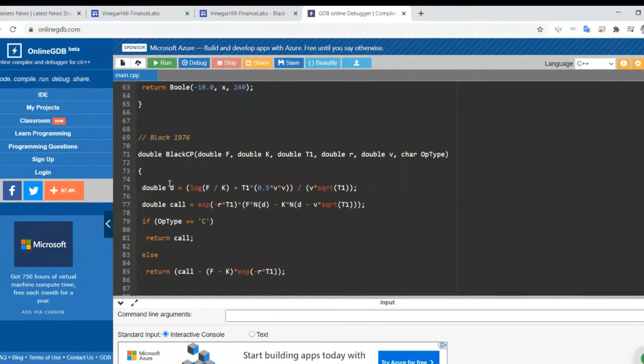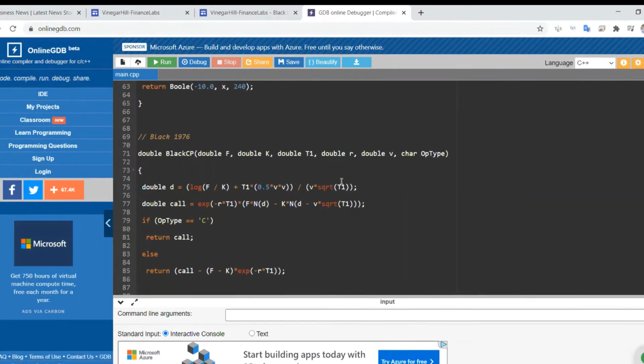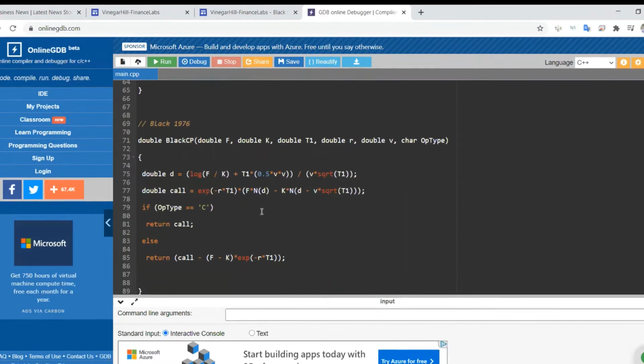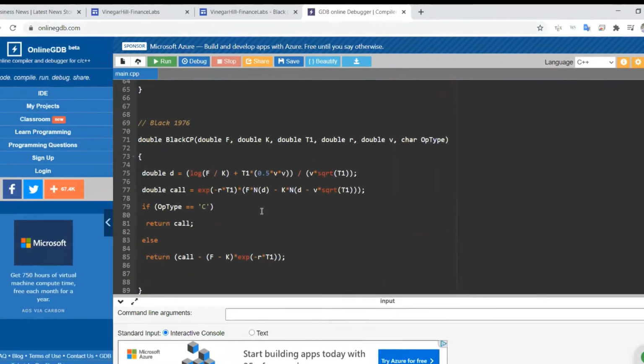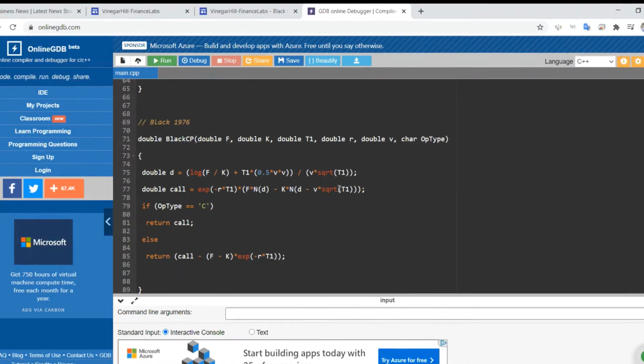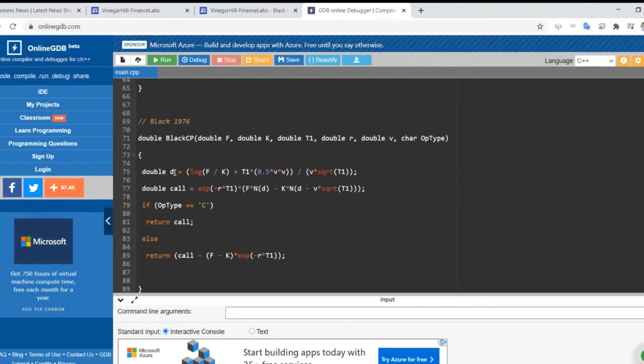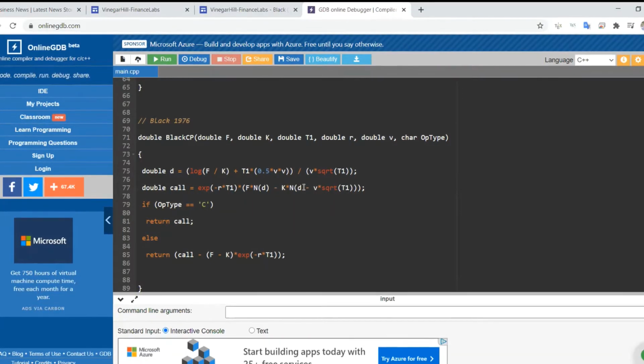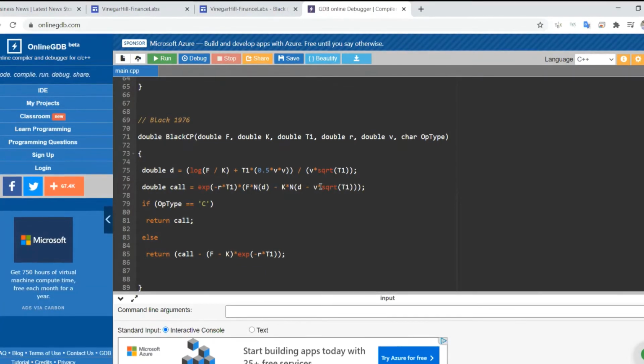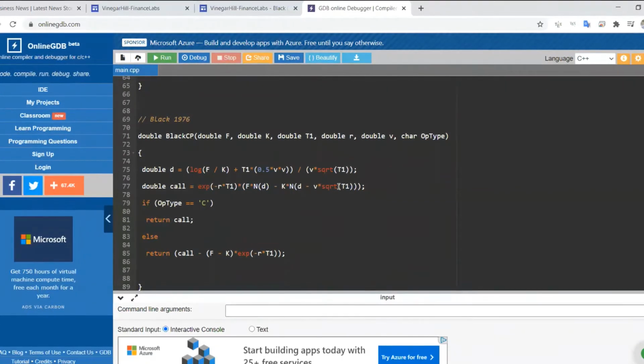Okay, so that's equivalent to what we have here. And then D2 here is the same: it's D1 minus sigma square root of t. So we don't write D2 separately. We just take D1 and then subtract away V, or the volatility, times the square root of t.